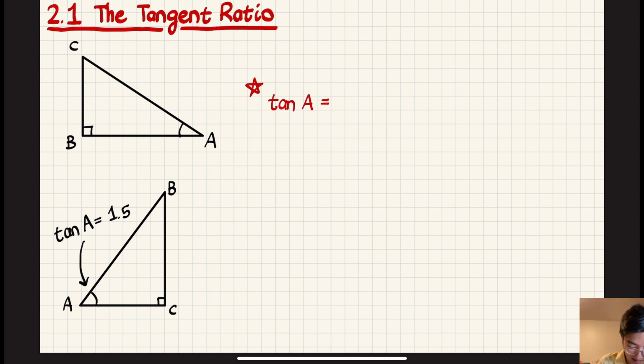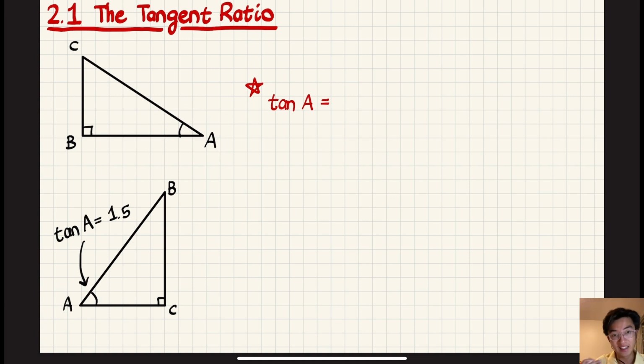So in our first example, our first drawing here, we are looking through the angle A. Whenever we work with trigonometry ratios, so things like tangent, we always have an angle that we refer to. In this case, we're referring to this angle right here. We call it angle A because it is at point A of the triangle.